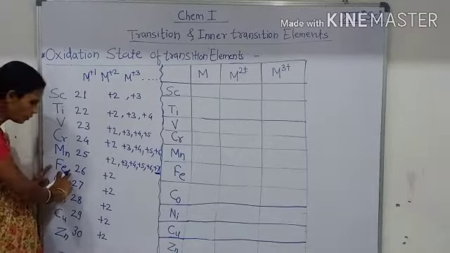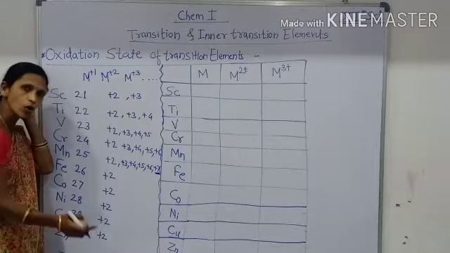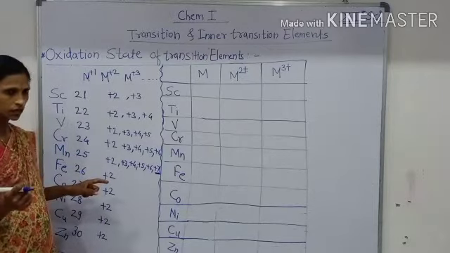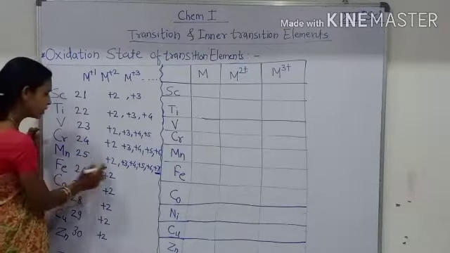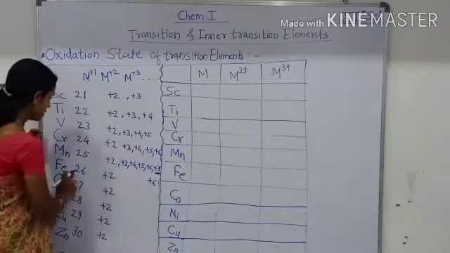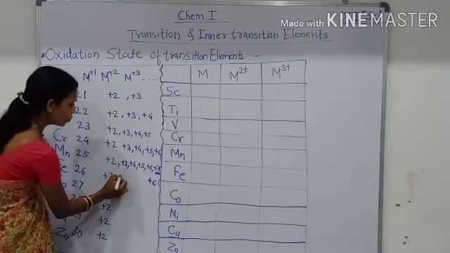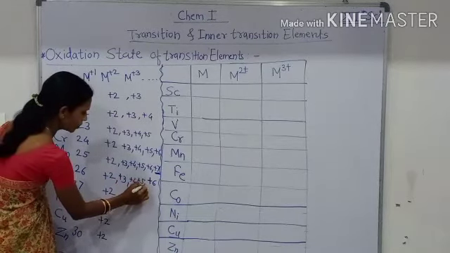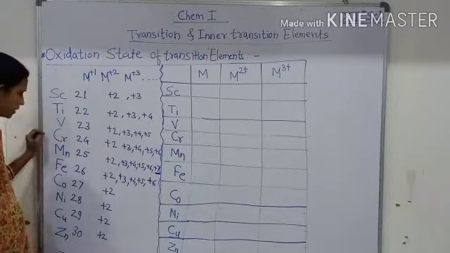From Fe to zinc, the maximum oxidation state decreases. That means Fe shows the highest oxidation state, that is +6. That means it shows +2, +3, +4, +5 and +6 oxidation states.